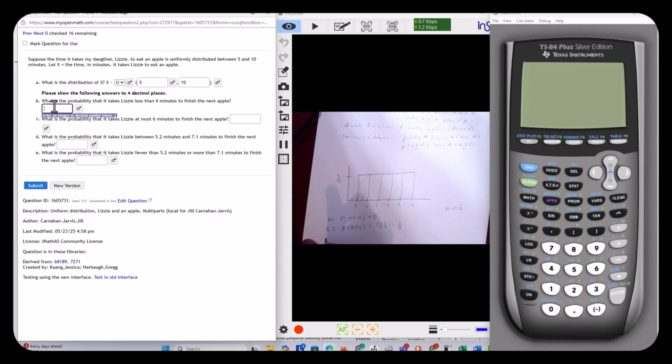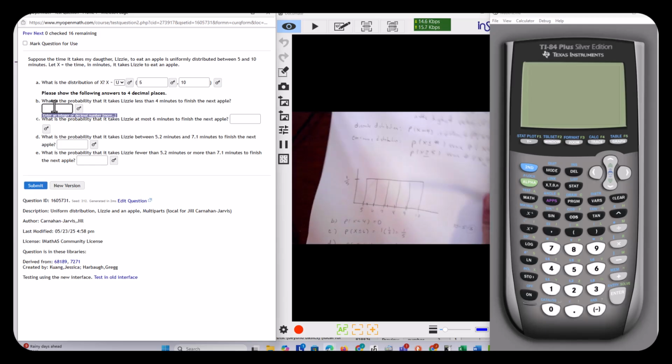C, D. Between 5.2 and 7.1. Well, 5.2 would be about here, and 7.1 would be right here. So the probability that 5.2 is less than or equal to X is less than or equal to 7.1. Again, it doesn't matter.